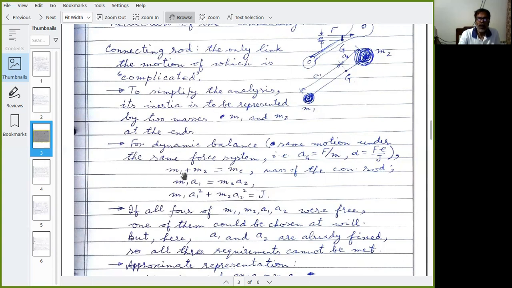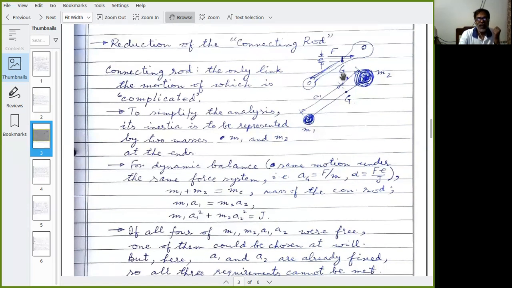Now, if all four things, M1, M2, A1, A2, were in our hand, then we could happily satisfy these three requirements, because four parameters can satisfy three requirements very easily, with one parameter free to choose. But here A1 and A2 are actually not in our hand, because G is at some point wherever it is, we cannot change it, that is the connecting rod.